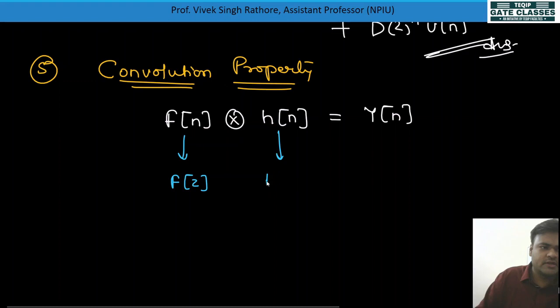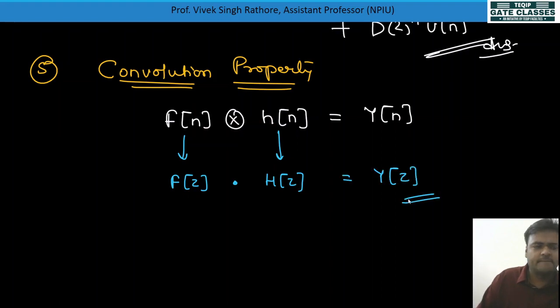So if we convolve signals in the time domain, then in the frequency domain or Z domain we can just multiply them, and we'll get the Z transform of the output. This is the convolution property, which says that convolution in the time domain leads to multiplication in the frequency domain.